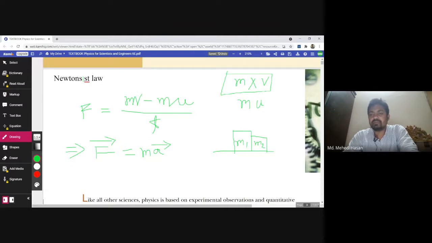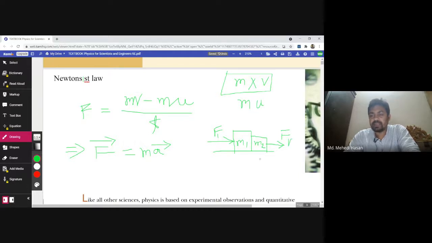Now if we apply a force along that direction, say this is F1. This F1 force is acting on the m1 object, but not on m2, but there is a certain amount of force acting on m2, which is basically the action force by m1. That means the force acting on m2 along that direction will be considered as F12.